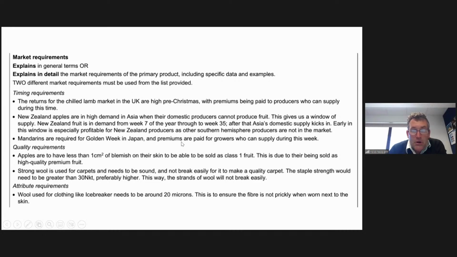Here, what I would like to see, and because these are at probably only an achieved level, I would like to see here when Golden Week is, what the premiums are that the grower is actually receiving. Okay, so that is an example of the sort of detail that we would like to think candidates are able to provide.